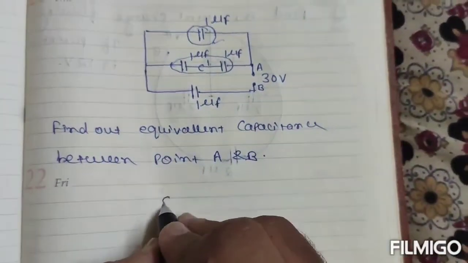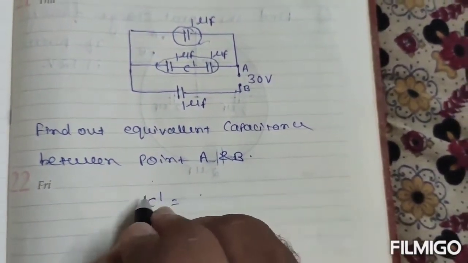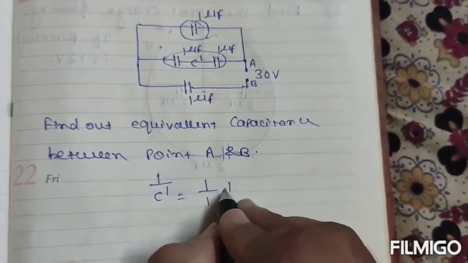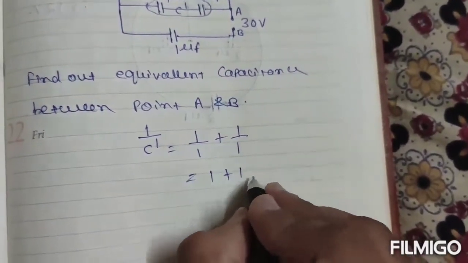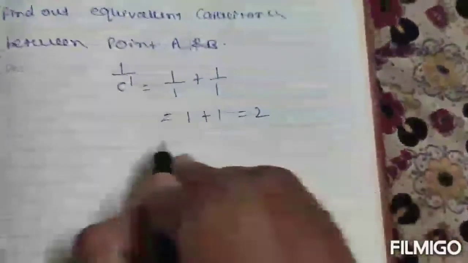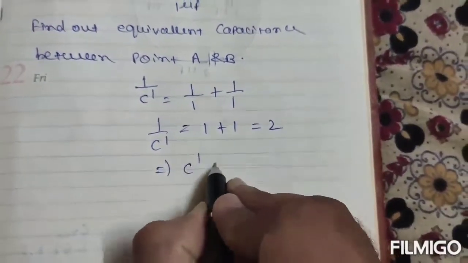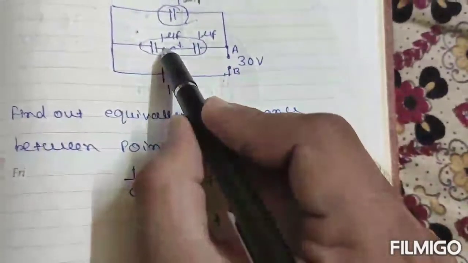So C dash, in series, I can write 1 by C dash is equal to 1 by 1 plus 1 by 1. So this is 1 plus 1, the answer is 2. 1 by C dash is equal to 2. So what is C dash? 1 by 2.